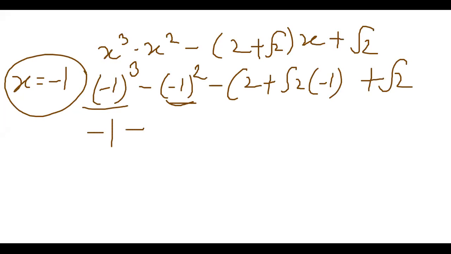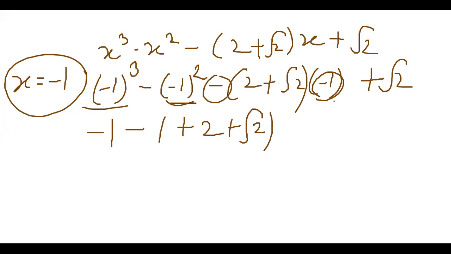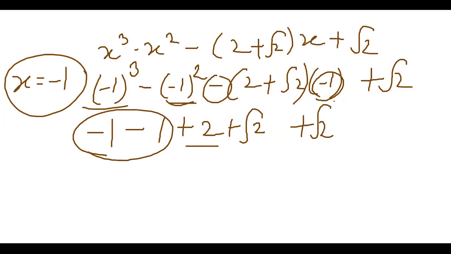Minus 1 cube is minus 1, minus 1 square is 1, minus, and this minus makes plus 2 plus root 2, right? Plus root 2. So here it will be minus 2 plus 2, which is 0, and root 2 plus root 2 is 2 root 2.